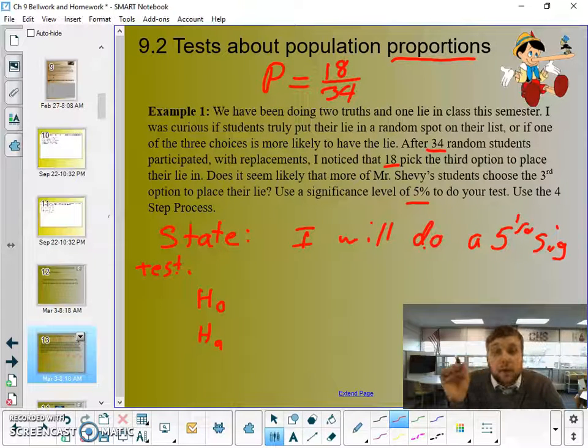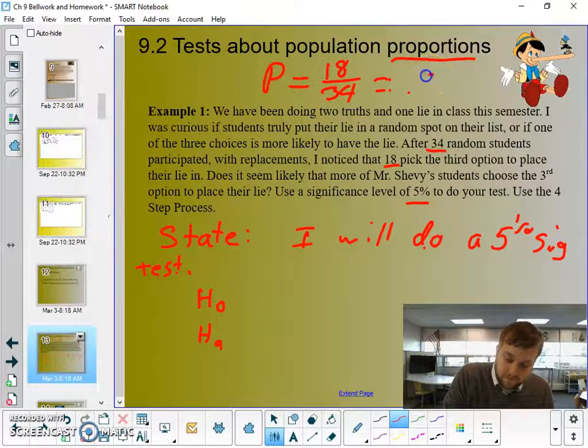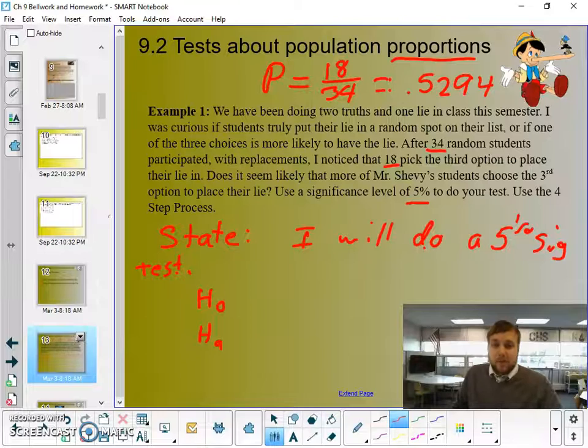Hold on a second, I'm going to go grab a calculator. I'm back. It's 0.5294. Wow, that seems a whole lot more than what it should be.